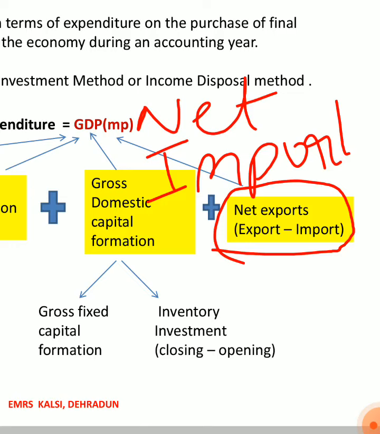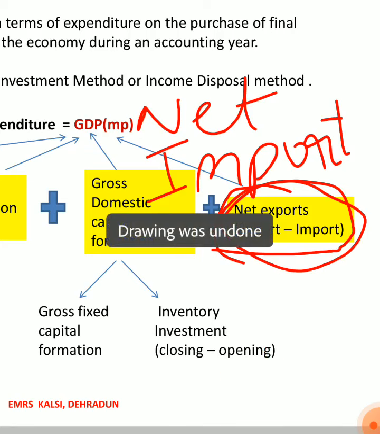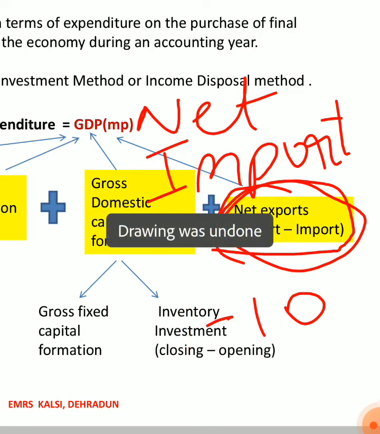You have to convert that net imports into net exports because the requirement is net exports. So you will put a minus sign before rupees 10, and this minus 10 will become net exports. You have to make sure you fulfill the requirement here.